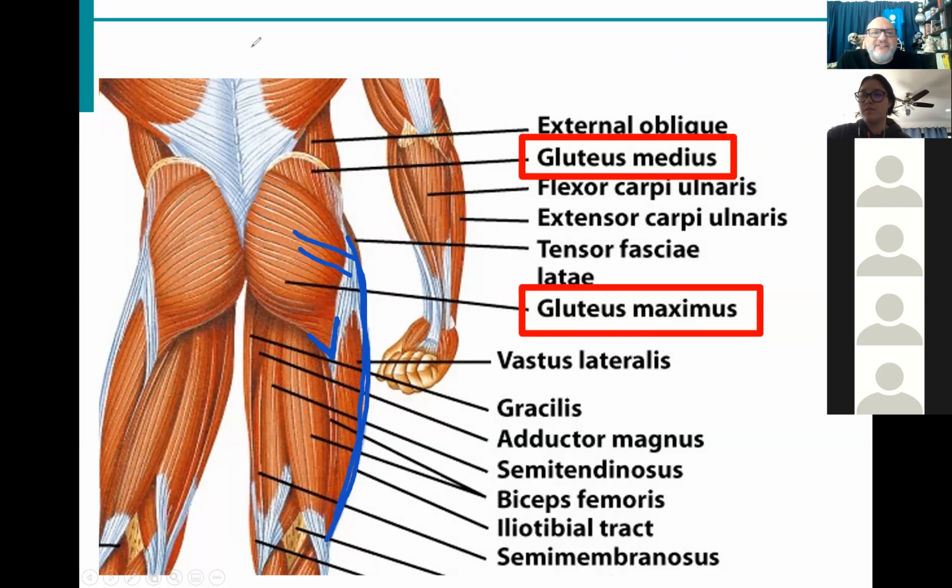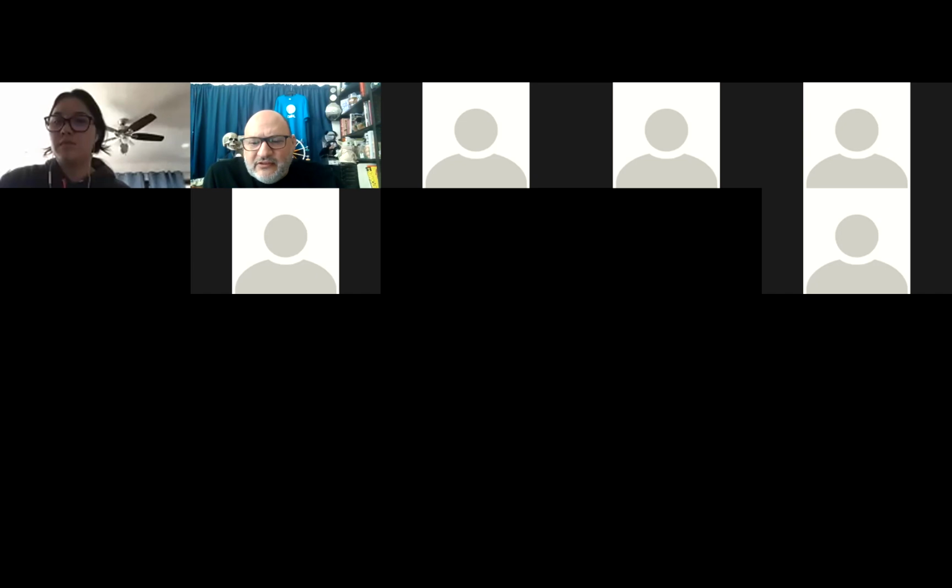A good place to see this is to look on the side of the leg. In your modules, there is one more PDF under the lab handouts called leg models.